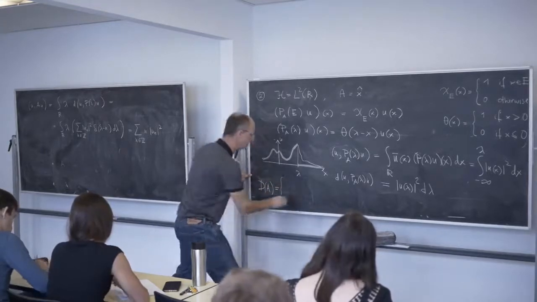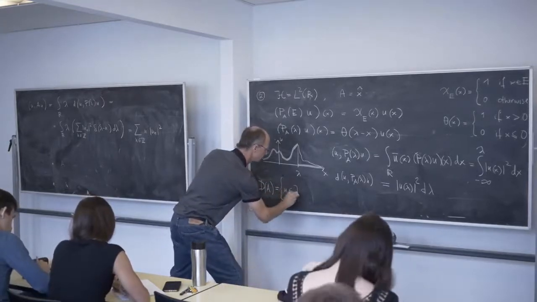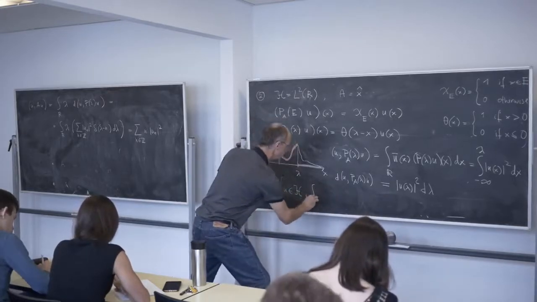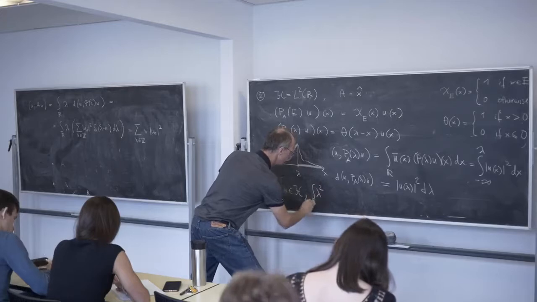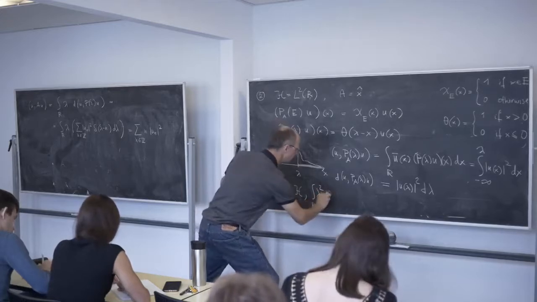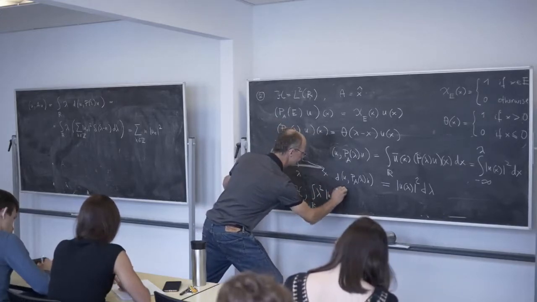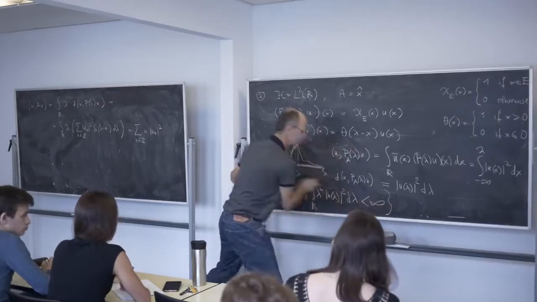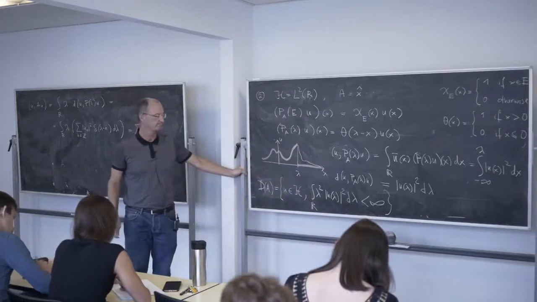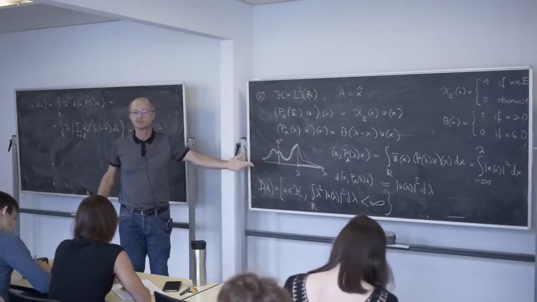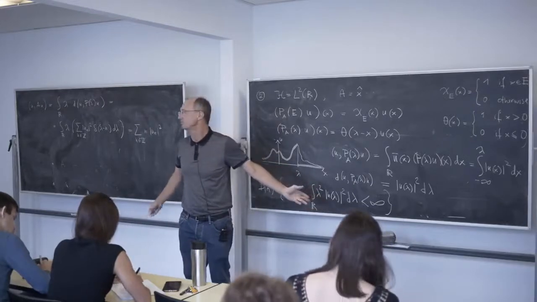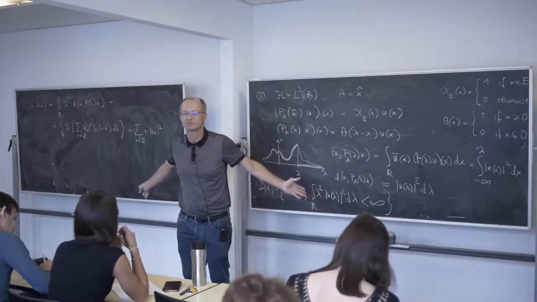So now the domain of A is supposed to be vectors in H such that the integral of lambda squared with respect to that measure be finite. And if you exchange lambda by x, this will be the original definition of the domain.